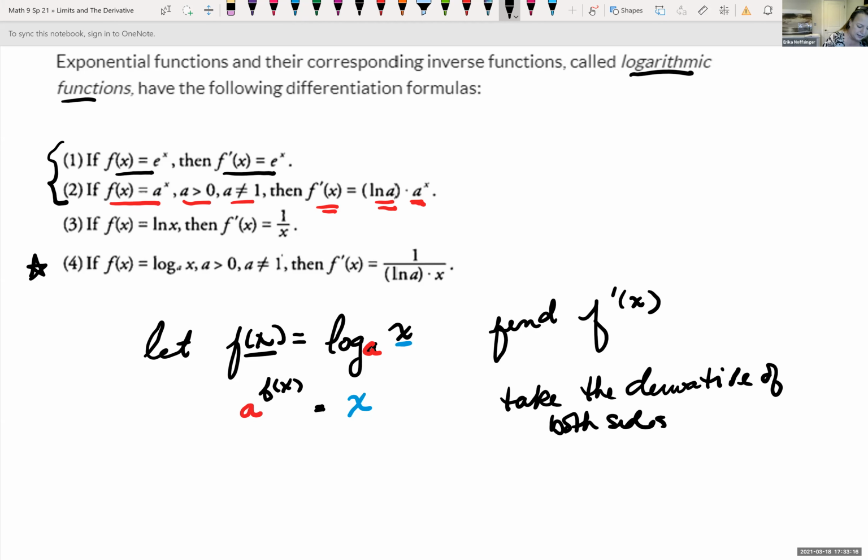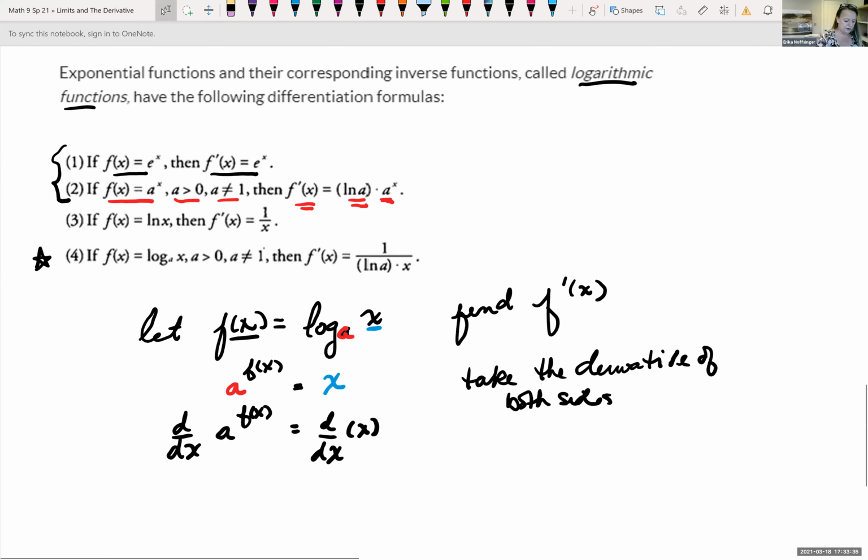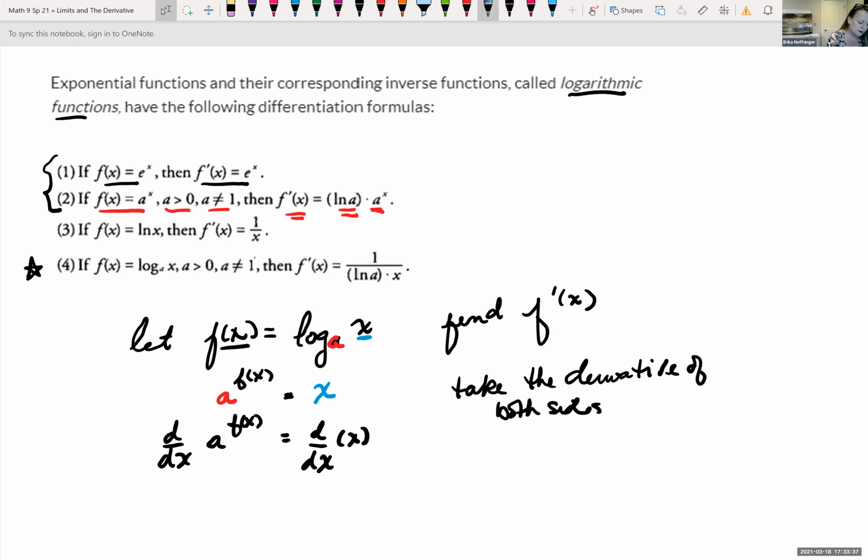So if I do that, and I could just rewrite it like that, d dx of a raised to the f of x is equal to d dx, and the derivative of x with respect to x is easy. I just stated it up here.